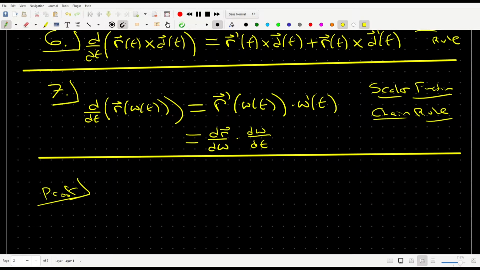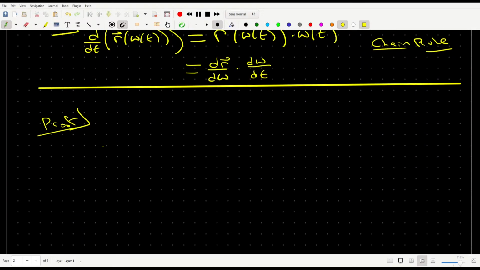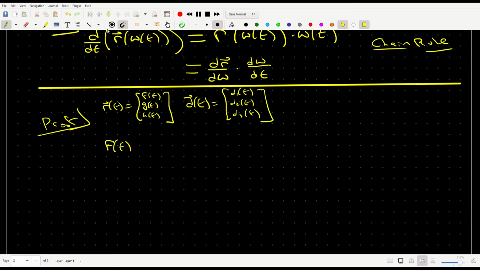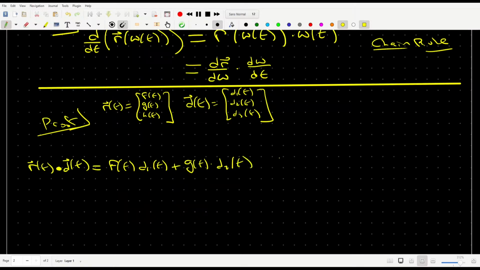So r of t dot d of t, well, if r of t is f of t, g of t, h of t, and d of t is d1 of t, d2 of t, d3 of t, then r of t dot product with d of t is going to be equal to f of t times d1 of t plus g of t times d2 of t plus h of t times d3 of t.